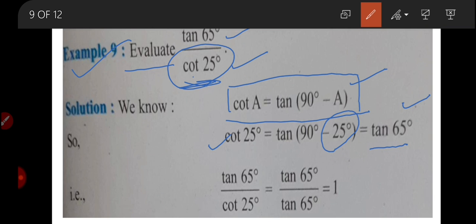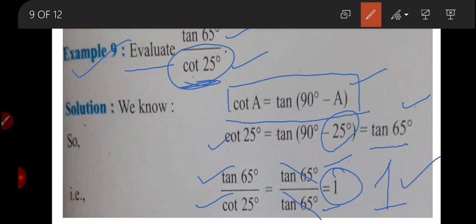So tan 65 degree by cot 25 degree: tan 65 degree remains same, and cot 25 degree you can write as tan 65 degree. So tan 65 degree cancels, and the value is 1.